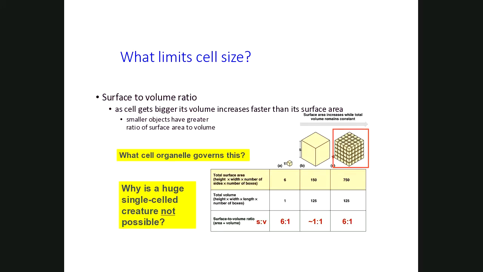Interestingly enough, the oxygen going in, oxygen going out actually moves across the surface in a process called diffusion. So diffusion means that there is a movement across the membrane without any energy.